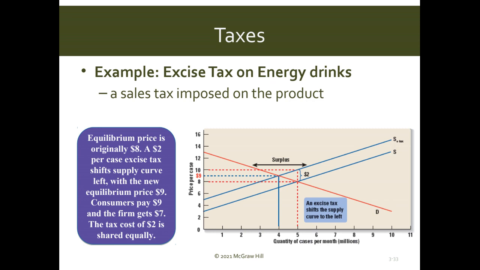Hold on a second. This direction. See? So this is a leftward shift in the supply curve. Or you could have said it's an upward shift. Same thing, right? So basically the supply curve will shift upward or to the left. Same thing.